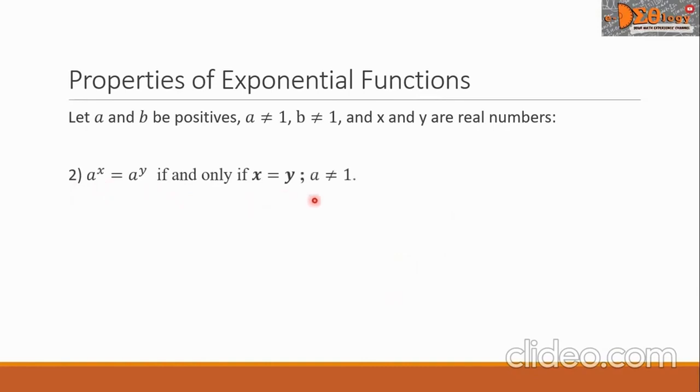There is a restriction that a is not equal to 1. Property number 3, a raised to x equals b raised to x if and only if a equals b. There is a restriction that x is not equal to 0.